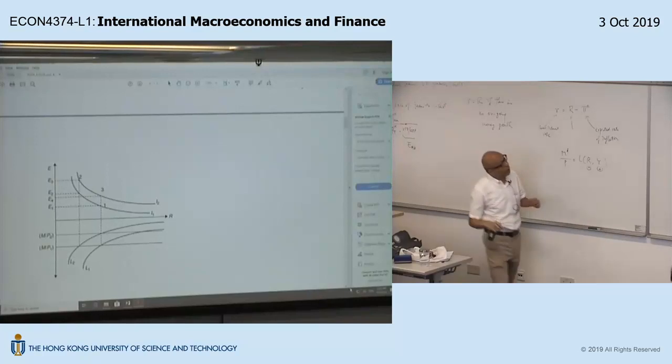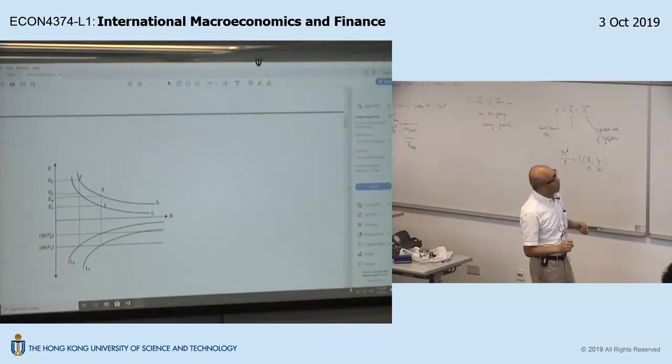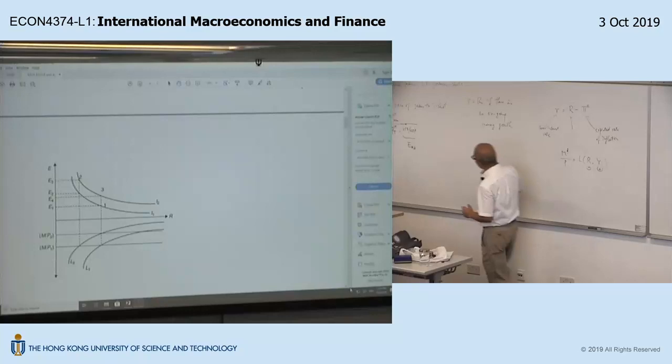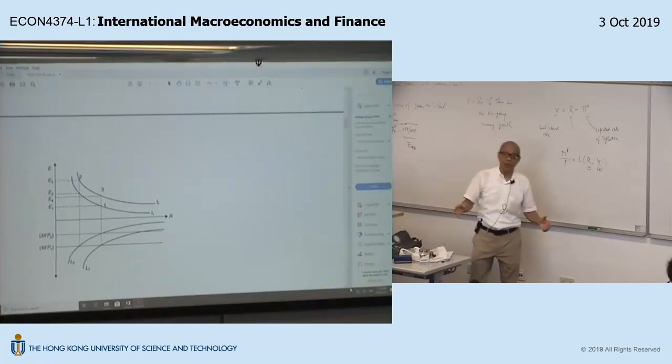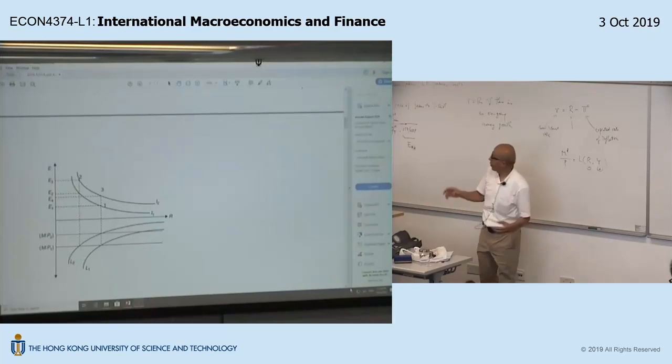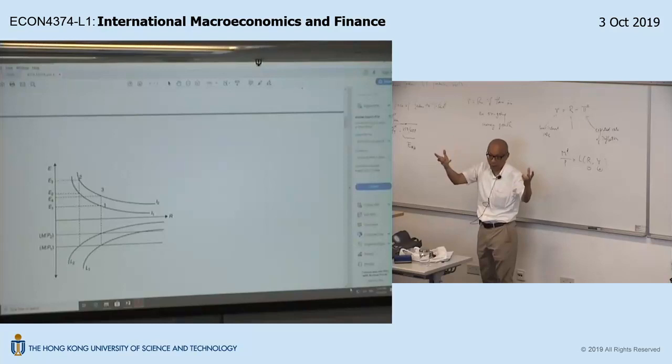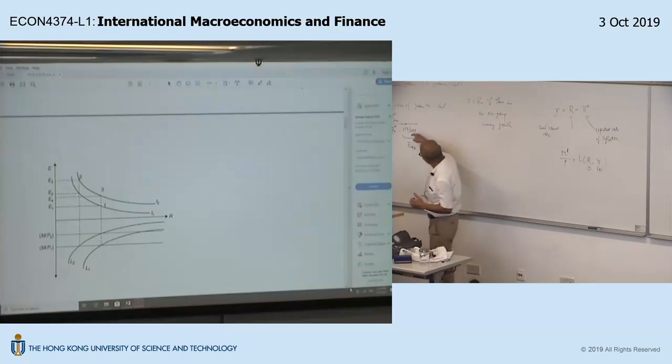Well, here we're talking about the long run, right? So E^e is the expected future exchange rate, the long run exchange rate that you expect to take place. And in the long run, this is going to be unchanged, so this is constant, right?